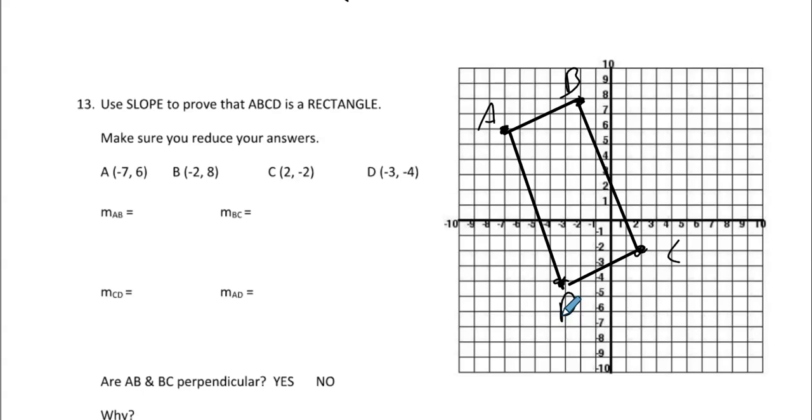So I'm going to put my subtraction bar sign first. And I'm going to do 6 minus 8 and -7 minus, careful, it's a -2. So 6 minus 8 is -2.